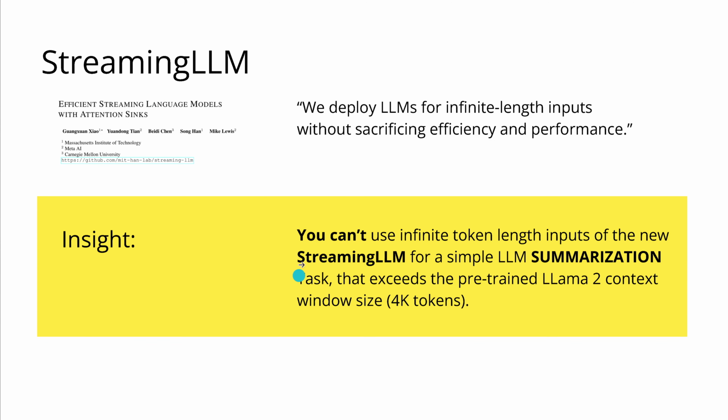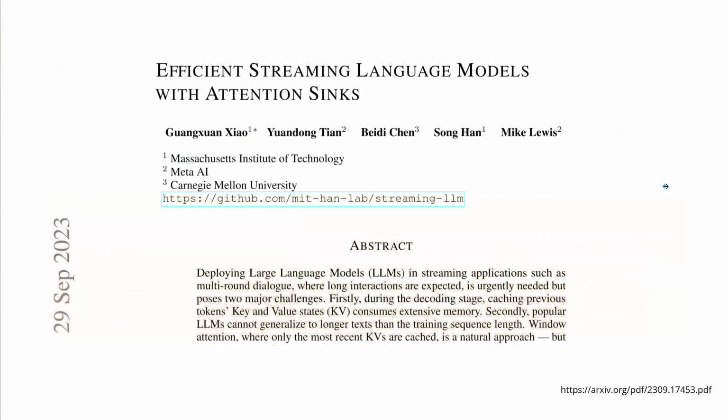And this is what we end up with after having analyzed the content, having looked in detail at this specific research paper. So we find this streaming LLM is only valid for a very specific use case of a multi-round conversation, which is of particular use only for a very narrow part of users.